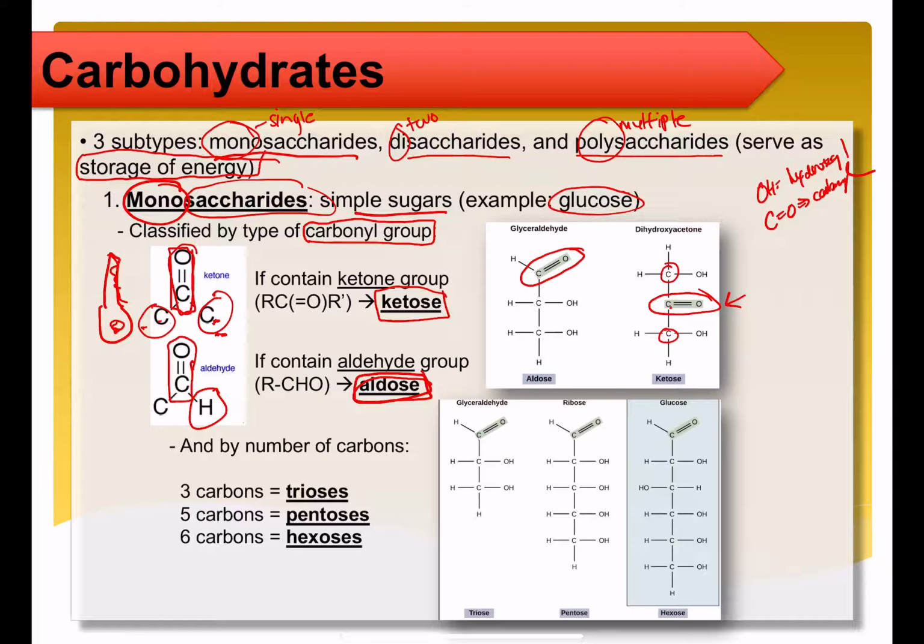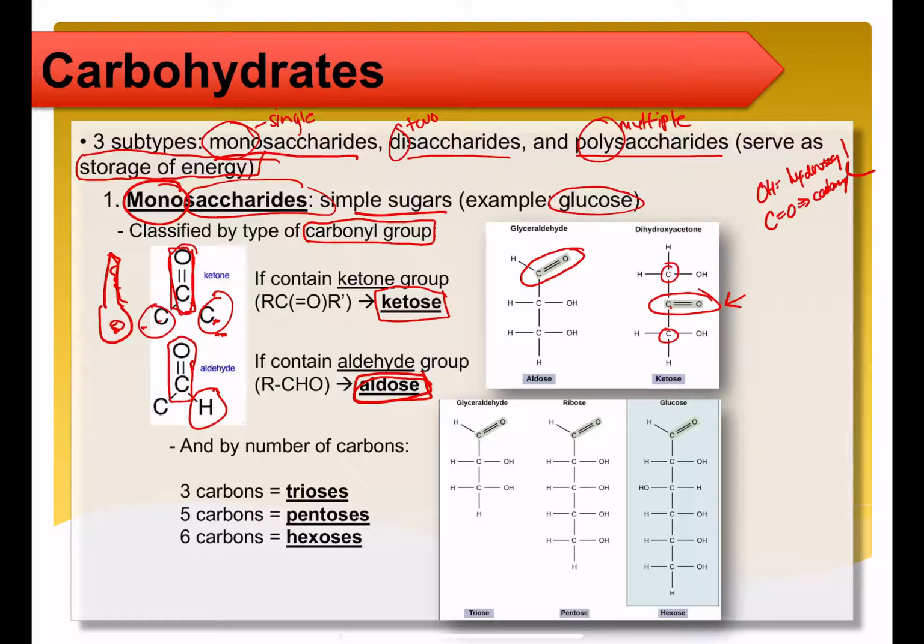The second scheme of nomenclature for carbohydrates, or monosaccharides, has to do with how many carbons the monosaccharide contains. This one is pretty easy. If you know your geometric shapes and how to count the C's in the molecule, it should not be a problem on the exam.